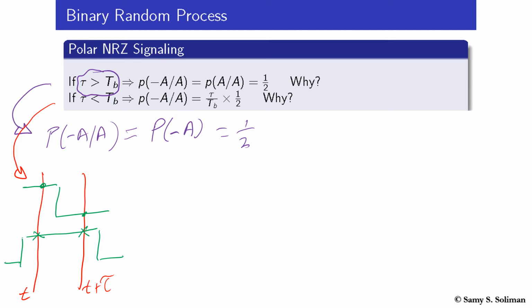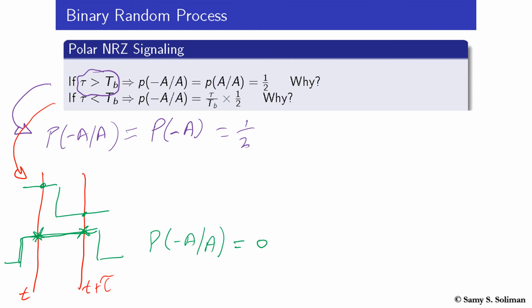Let's start with the second scenario first, in which both samples fall within the same bit. In this case, what is the probability that the second is negative A while the first is A? Of course, the probability is equal to 0, because the two samples fall within the same bit, so they cannot be different from each other.